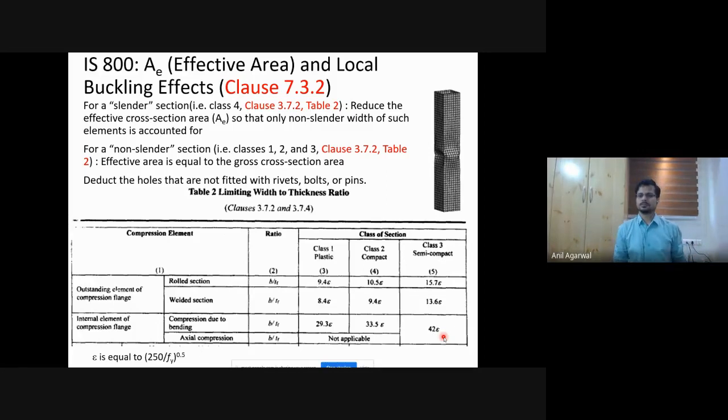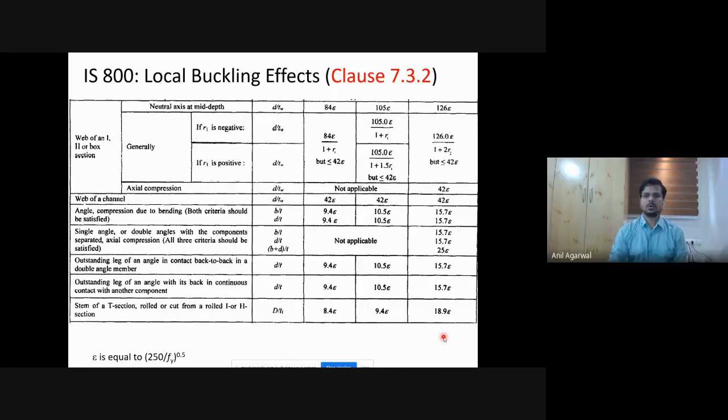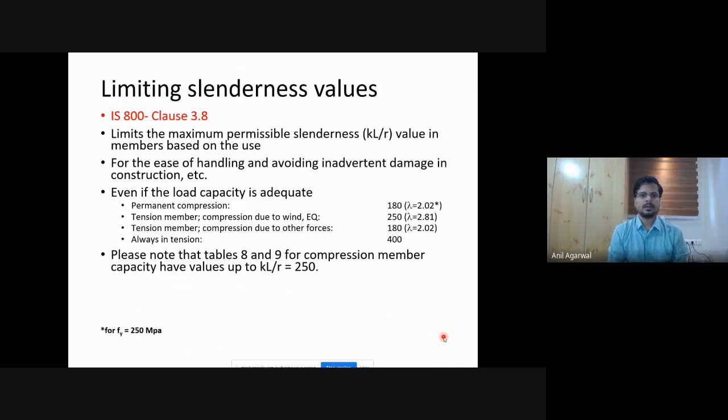Now you followed it? Yes, sir. Okay. Fine. So there are a couple of other slenderness limits. We have discussed this in the past. So for Fy equal to 250, they correspond to these limits. They should give you an idea of what lambda values you can use. So for almost any member that can be subjected to compression, a lambda of 2 is pretty much the upper limit.